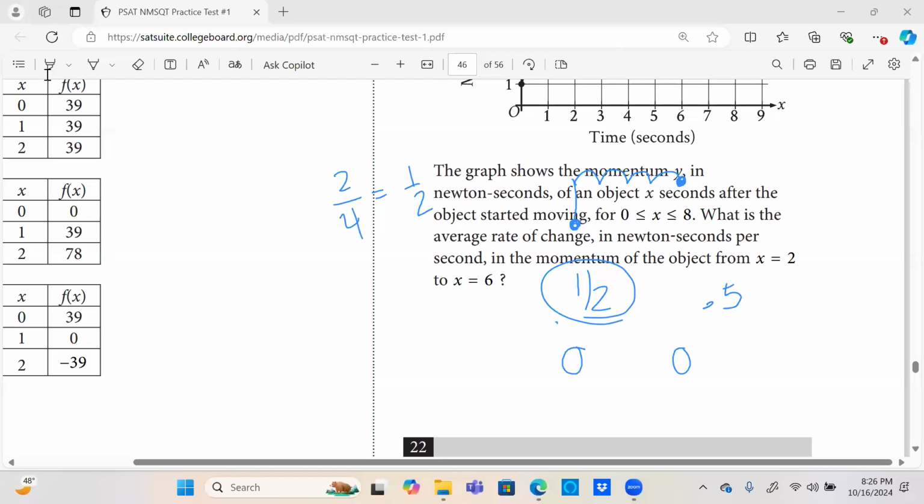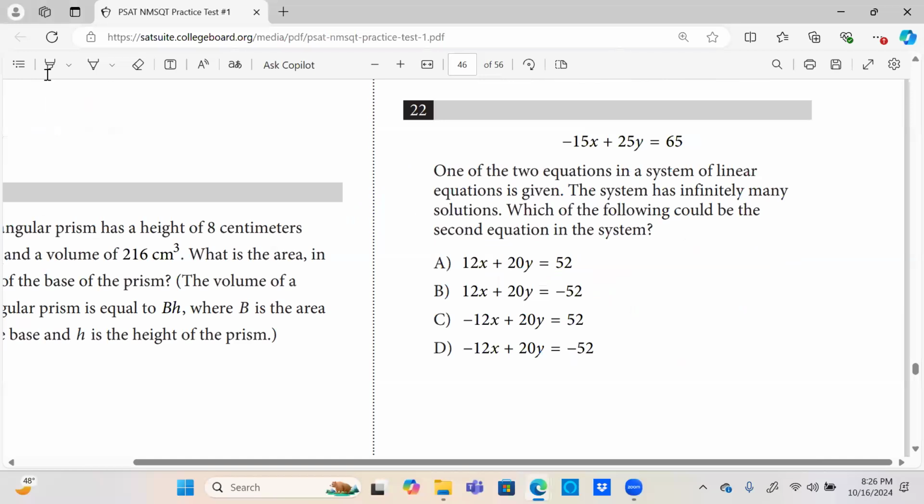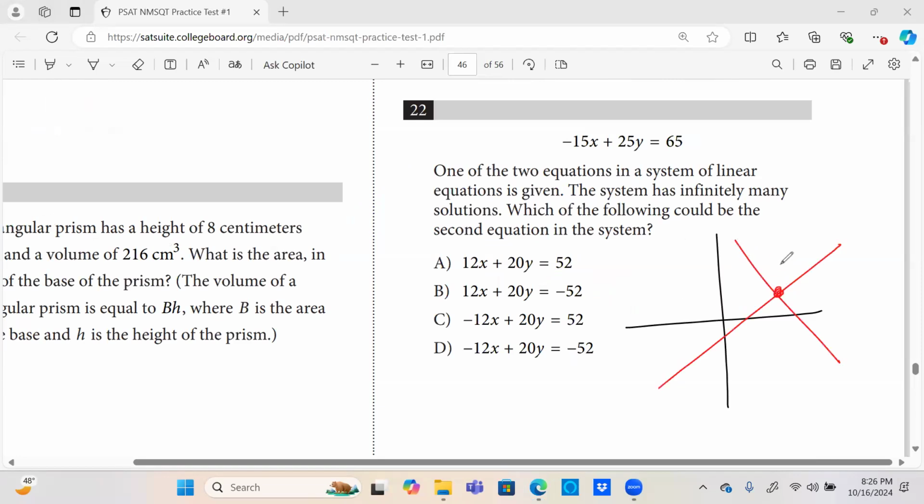22. One of the two equations in the system of linear equations is given. The system has infinitely many solutions. Which could be the second equation? So when we think of a system of equations, right, we have two lines, and usually they hit, and that point is your solution. That's what happens normally.